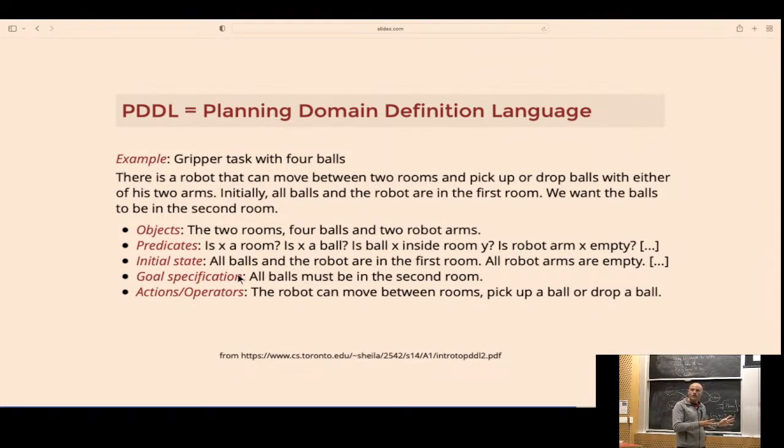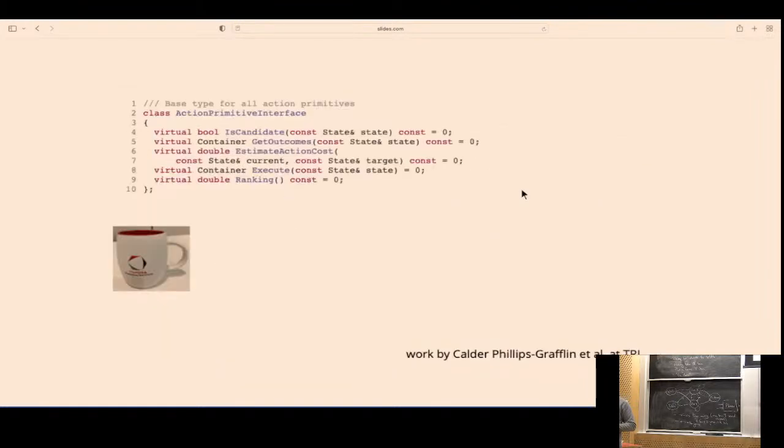STRIPS is the old version, PDDL, the Planning Domain Definition Language, is the newer, richer language of these things. I'll just move past the details of that, but I think it's super interesting to look at how this worked in the specific application of the dish loading, okay?